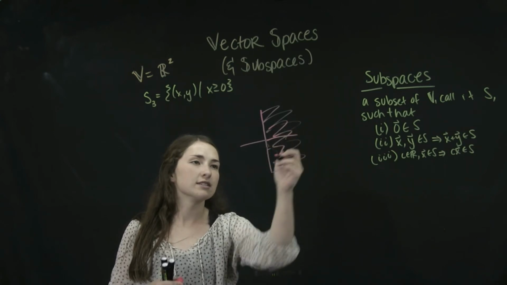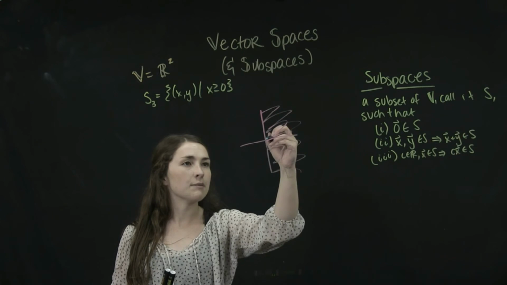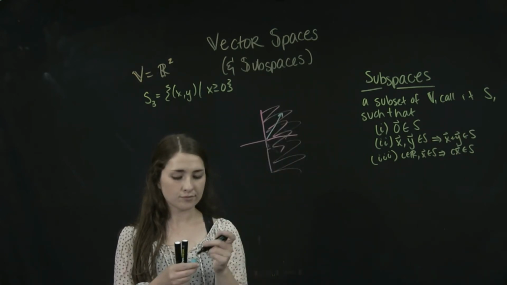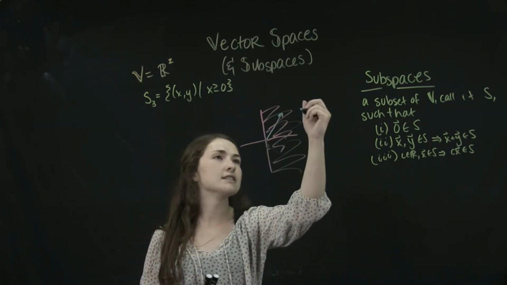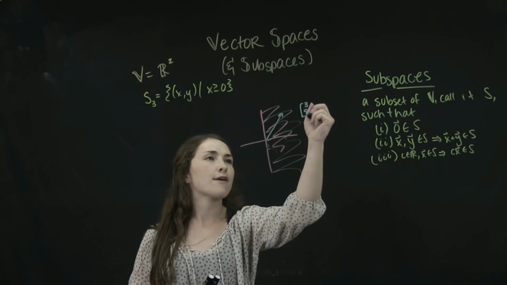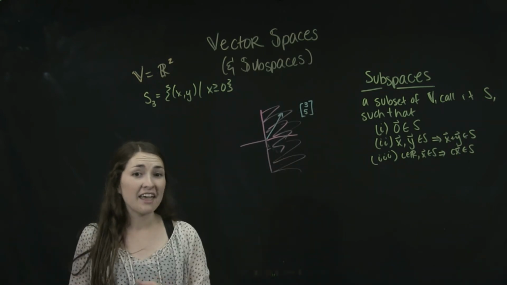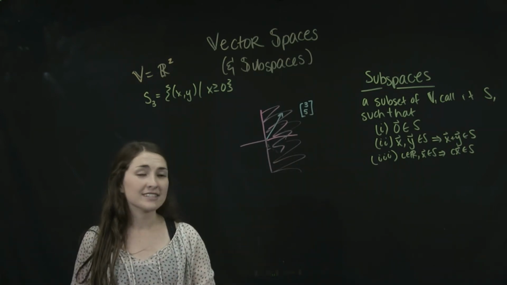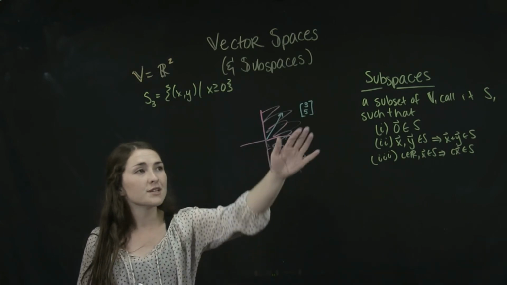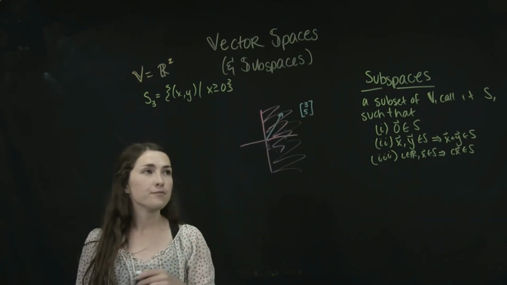So we still have this space here. We want to make sure that it's staying in there. So if we take some vector in this subset here, let's take this one right here, and let's say perhaps this is the vector 3, 5. By the third condition here, it says we can take any kind of scalar in our real numbers and multiply it by this vector, and that should still be in our subset.